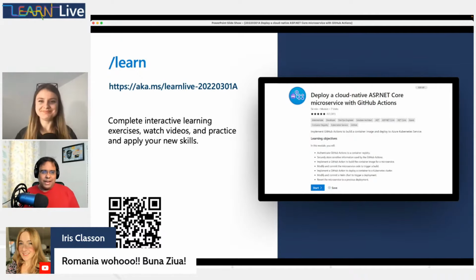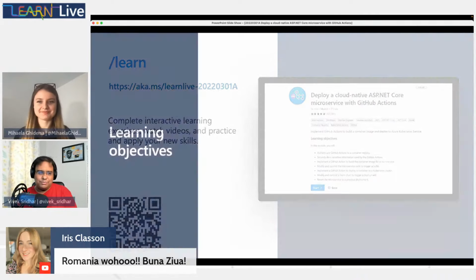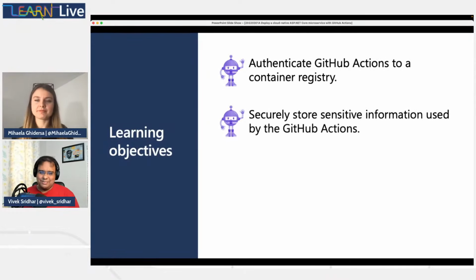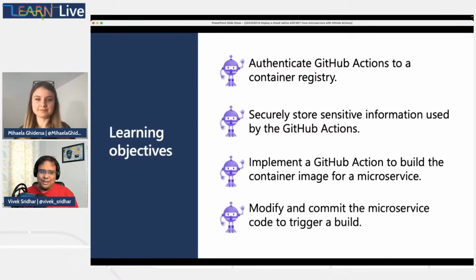So, going back, Mihaela, I just wanted to understand what we are going to do today in depth. I just introduced what we're doing at a high level, so why don't you go in depth on this? Okay, so basically today we are just going to wrap up a lot of the things that we did in this module, and we are going to discuss GitHub Actions and how exactly we are going to create a build, create a deployment, and see what is happening there.